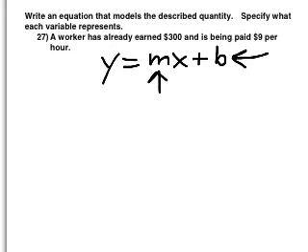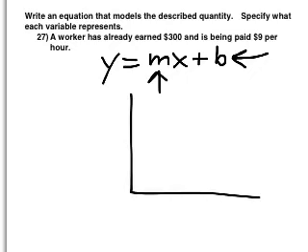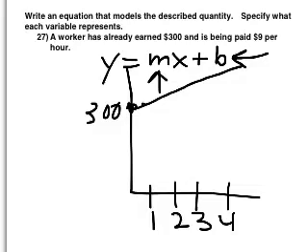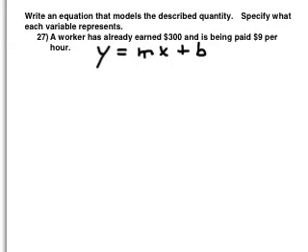So, like if we were going to graph this thing, which I'm not intending to do, he starts off with $300. So that's the starting point, and then it's going to go up from there, adding on $9 for each hour, like 1, 2, 3, 4. So again, we just plug things in.